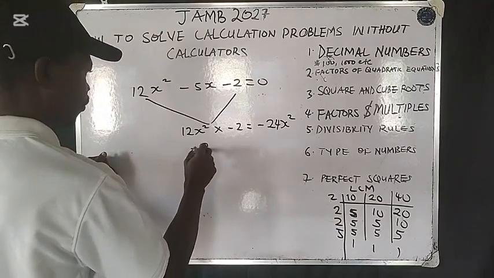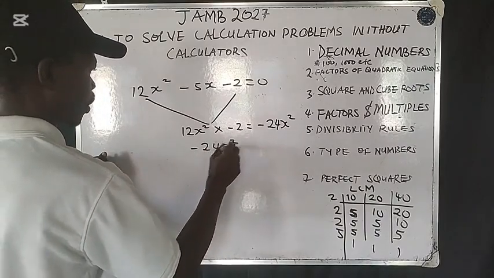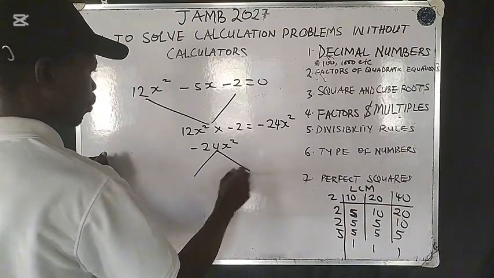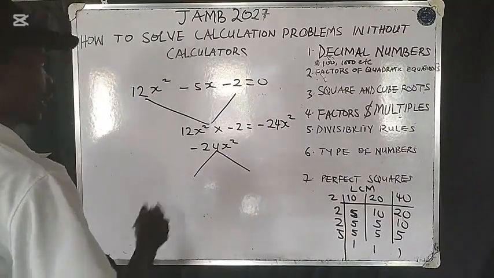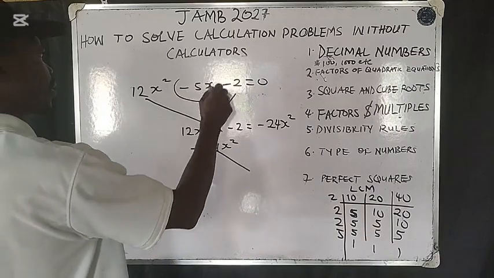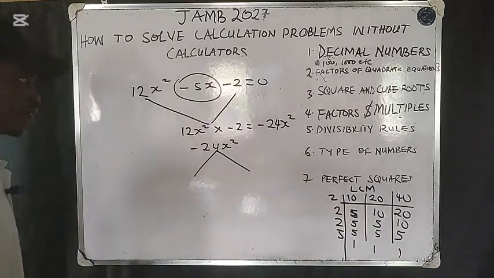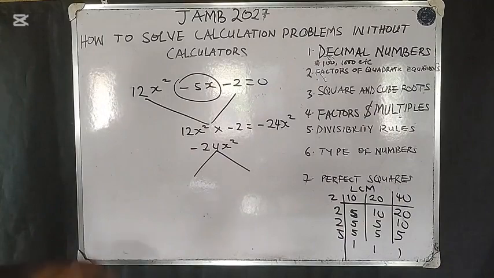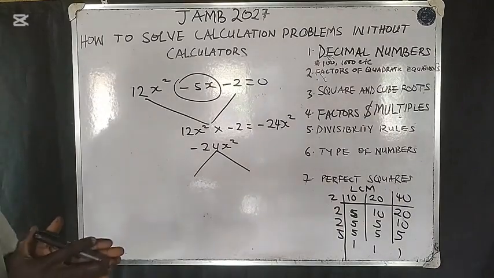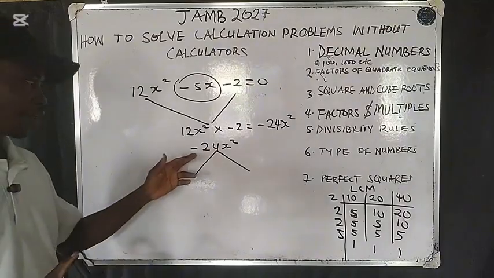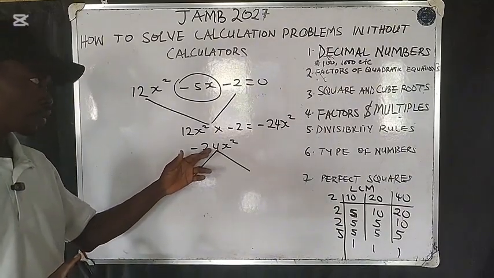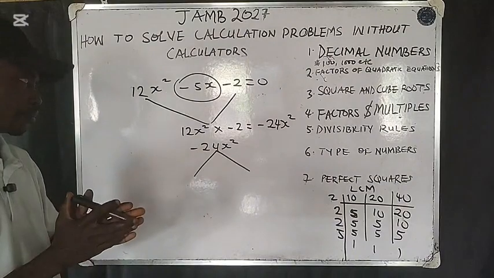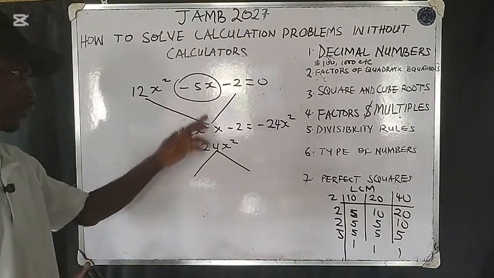So this minus 24s squared, we share it into 2 factors that will equal minus 5x. So how do we know the factors? 2 numbers, if we multiply them, we have what? Minus 24. But if we add them or subtract them, we have minus 5.